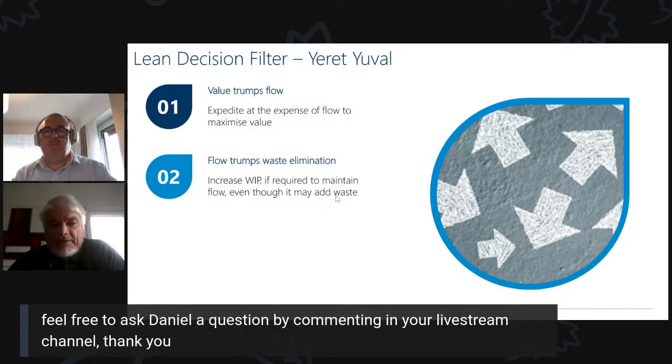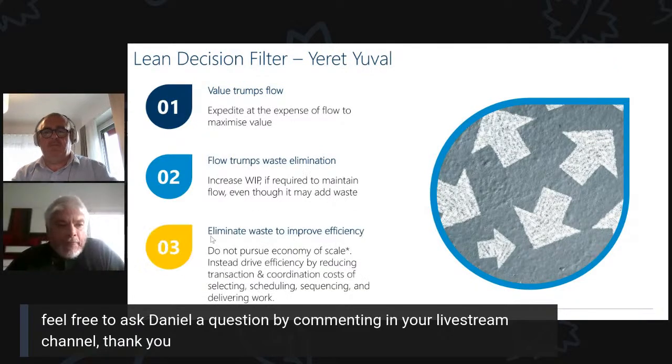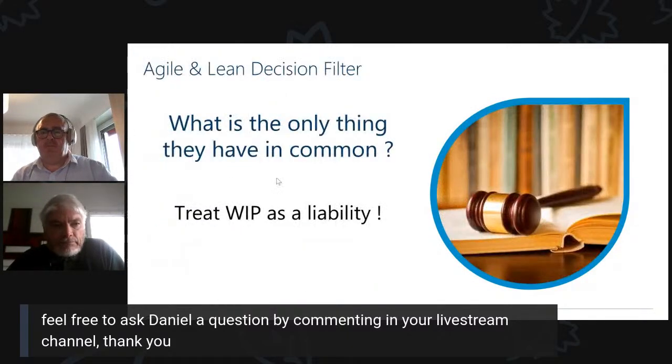Increasing WIP is linked to adding waste. In this sentence, it might be required, but increasing WIP adds waste. That's the message. And of course, eliminate waste to improve efficiency. Do not pursue economies of scale. Instead, match demand with capacity and all that jazz.